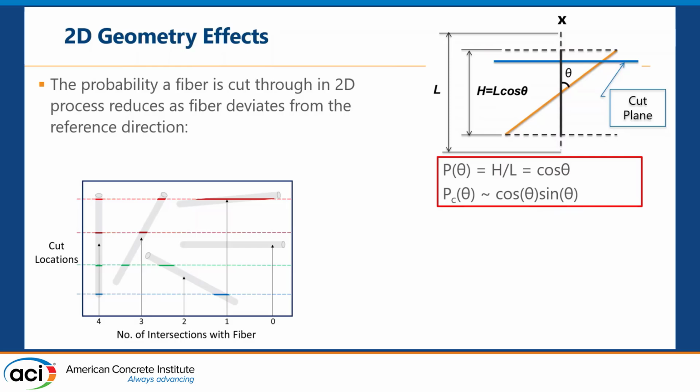So we worked out some mathematical calculation here. The bottom line is, in the 2D analysis, the probability of the angle of the fibers changes. The population of the angle changes from sine theta to cosine theta.